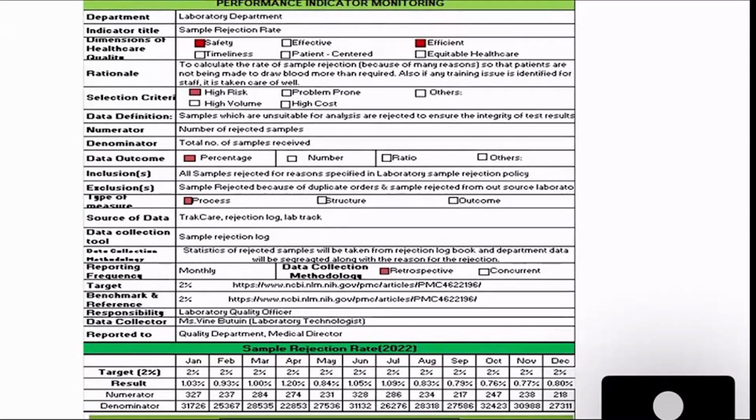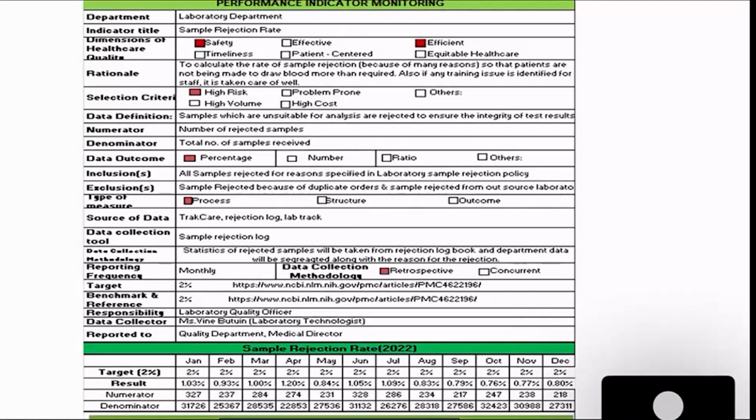And then the data collection: what is the main source of data, what tools we are going to use, and what is the data collection methodology, whether it is retrospective, concurrent or prospective. We need to choose what we are going to do. Then target setting is very important, and what is the base of the target, whether it's an internal target, or whether there are any publications or a benchmark.